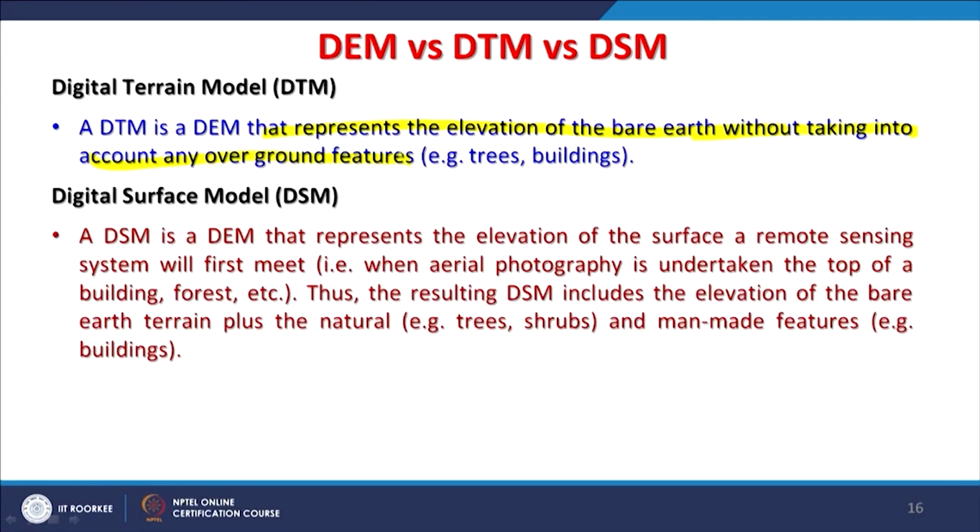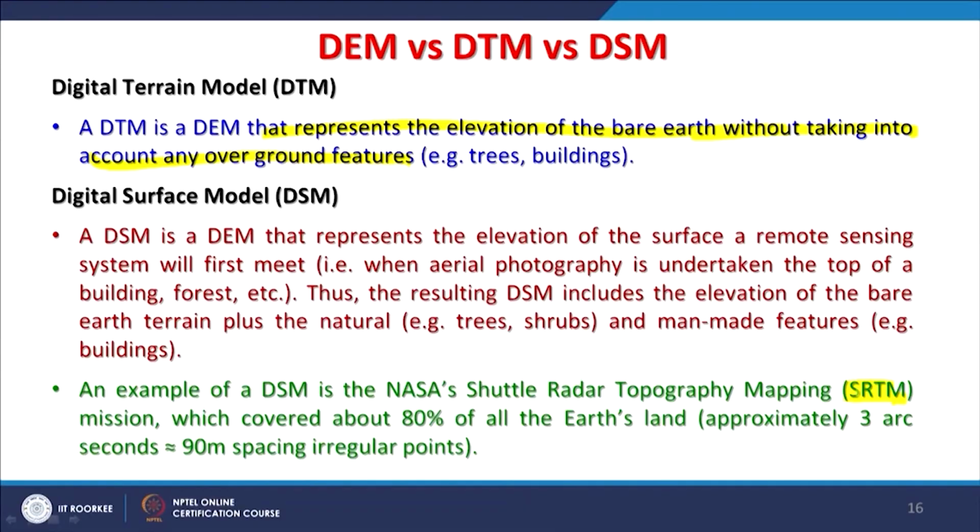What I would like to say at this stage is that even a DTM is not very pure. Pure means it is not truly representing what it is supposed to, the bare earth model, but when it is based on satellite data, at that time it may also be recording some features which are either trees or artificial man-made features. So, this is the problem.